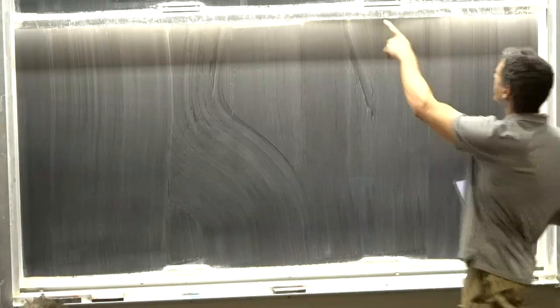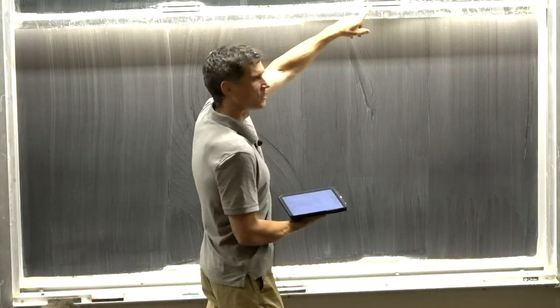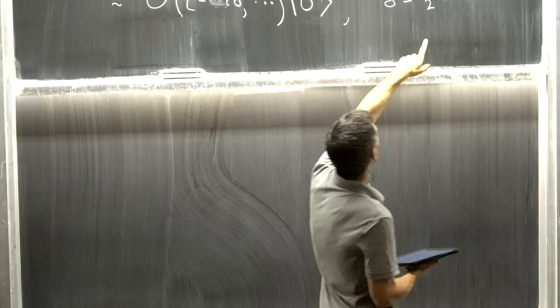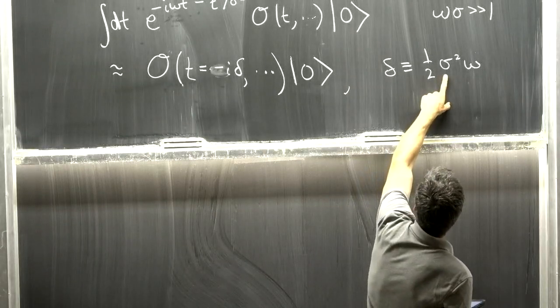If smearing in time smooths out some divergences, why do we still have, in Euclidean quantum field theory, these OPE limits and so on where we get singularities? The question is, if smearing in Lorentzian time gets rid of divergences, why do we still have divergences in Euclidean? Well, look at the value of delta.